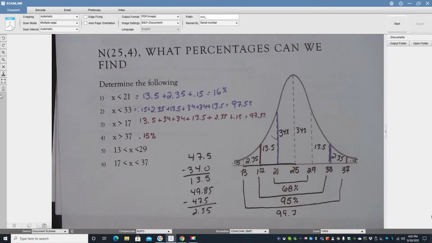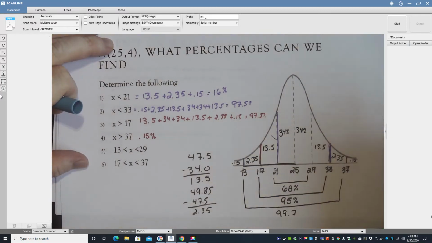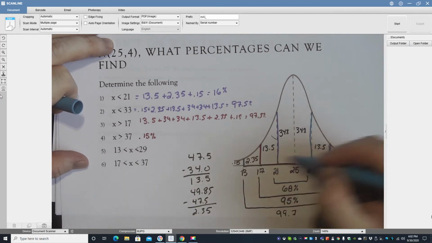And then if I want to do something in between, well, I would go between 13 and 29, and add everything in between those.